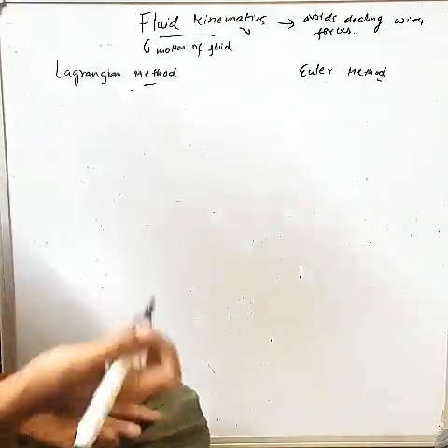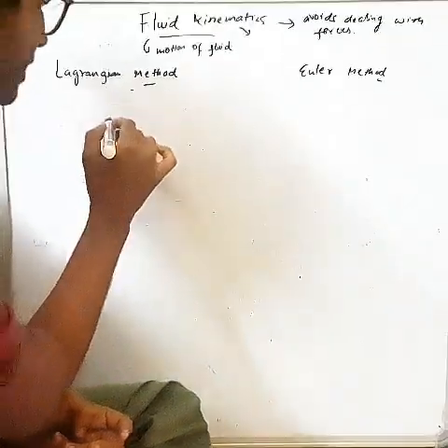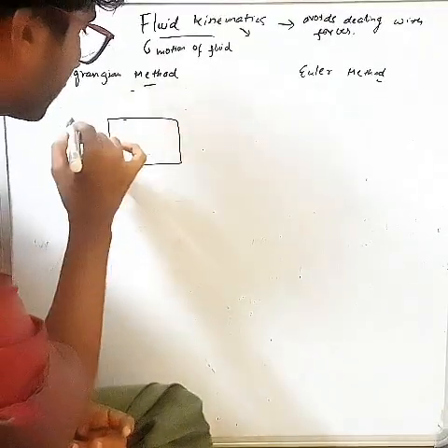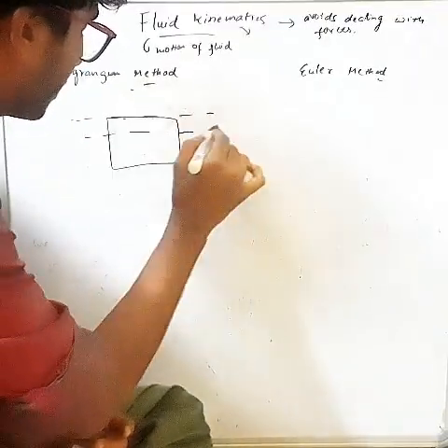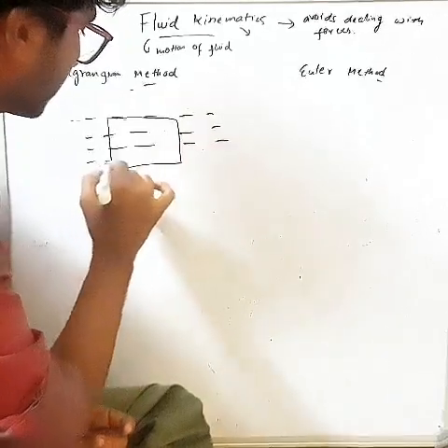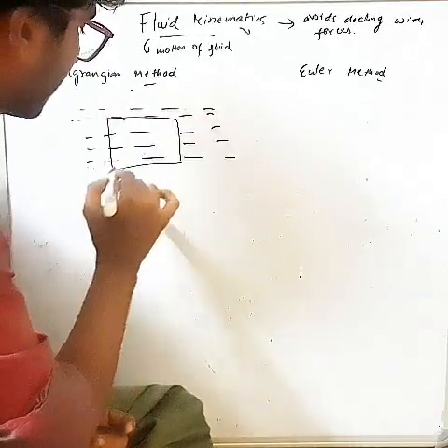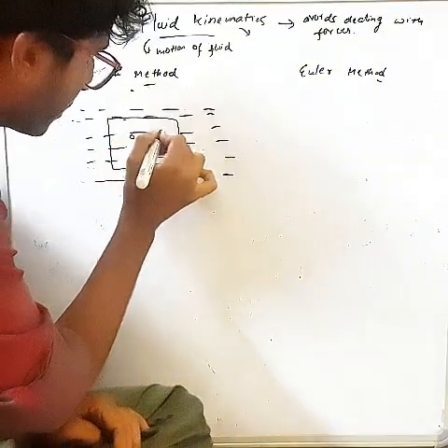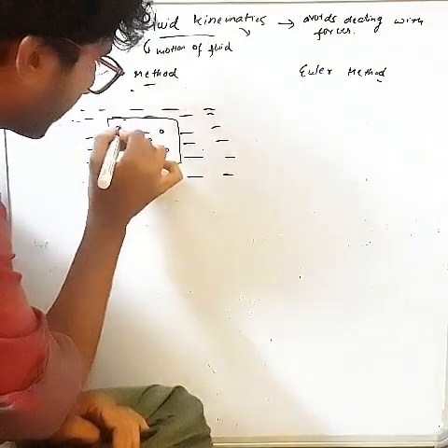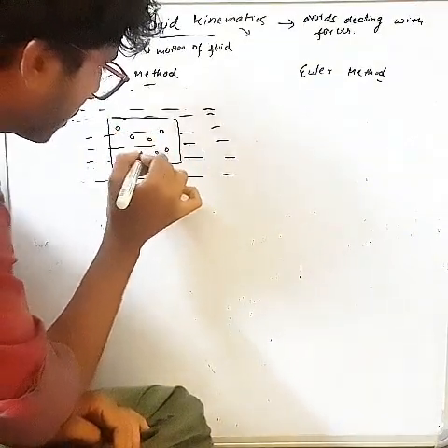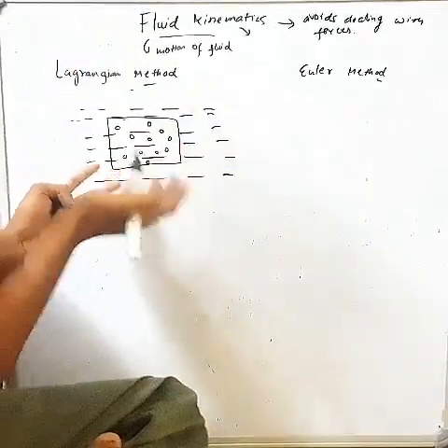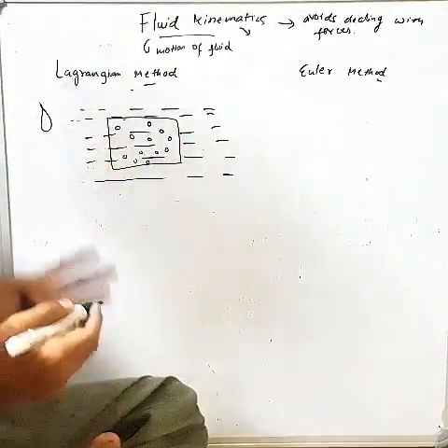The Lagrangian method says that if we take an elementary structure, an elementary box, a cube or something else, and this is the fluid, then there are numerous particles, a huge number of particles, like a drop of water.